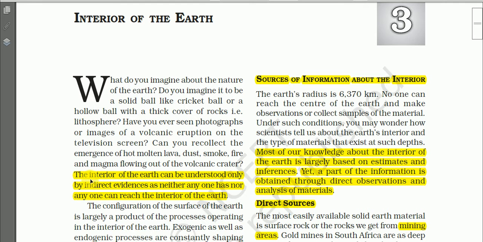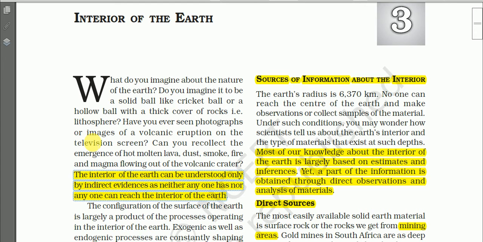See here, one important line is given. The interior of the Earth can be understood only by indirect evidences, as neither anyone has nor anyone can reach the interior of the Earth. That means the Earth interior is opaque.